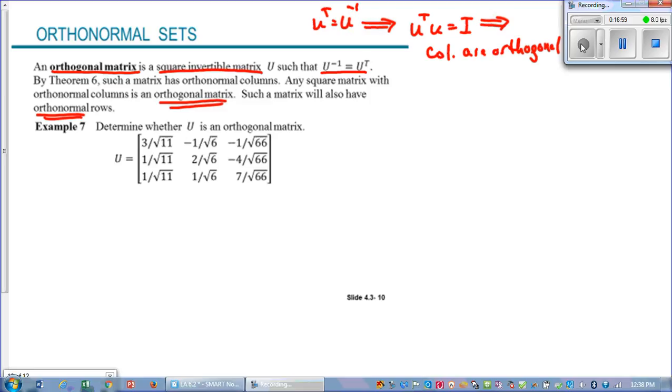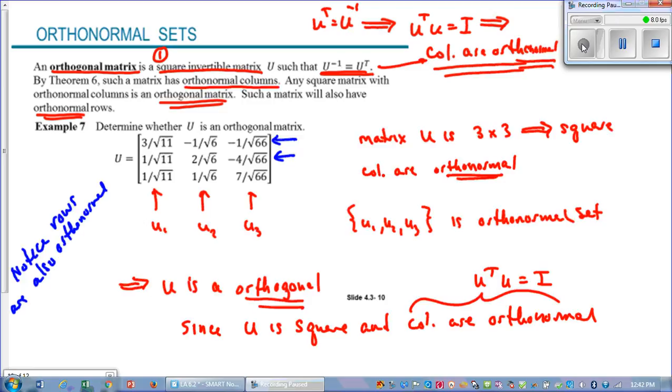Okay, so to show it's an orthogonal matrix, we need to show two things. One is that it's a square matrix, and second, that the inverse is the transpose. But we know that's equivalent to saying that the columns are orthonormal.